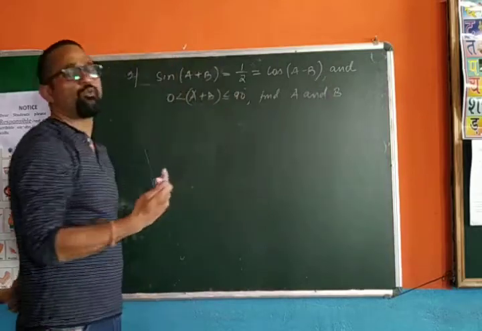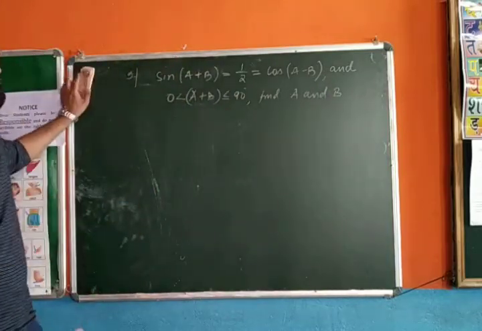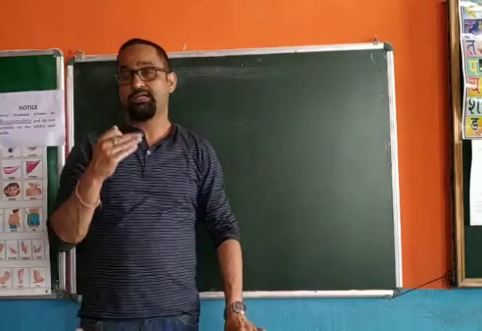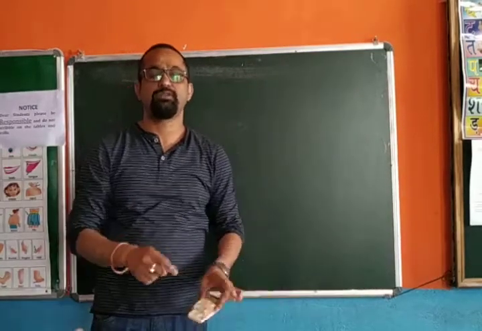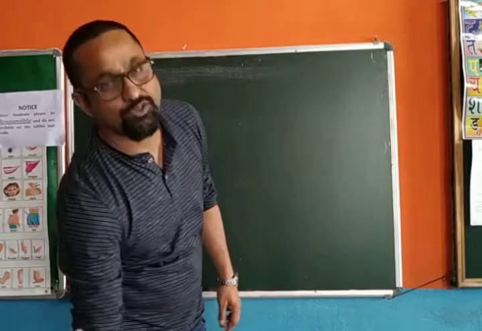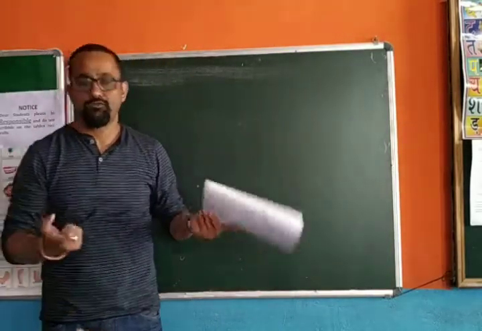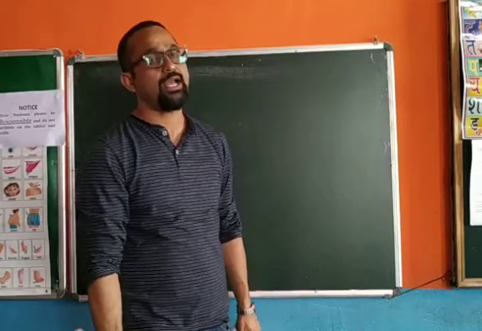Solve it in a similar way, with the same steps involved. The more you practice, the more you will remember the table, and without the table you cannot solve the sums from trigonometrical ratios of standard angles.